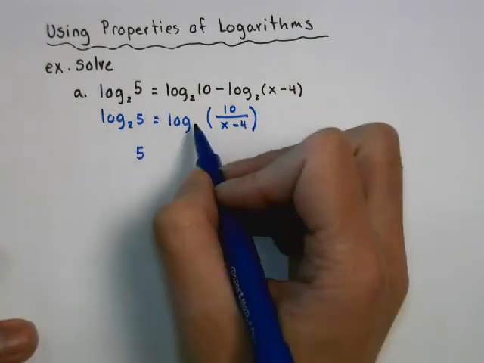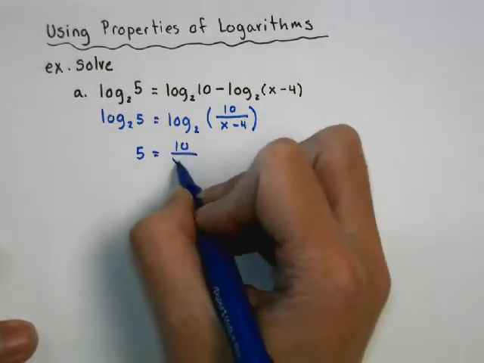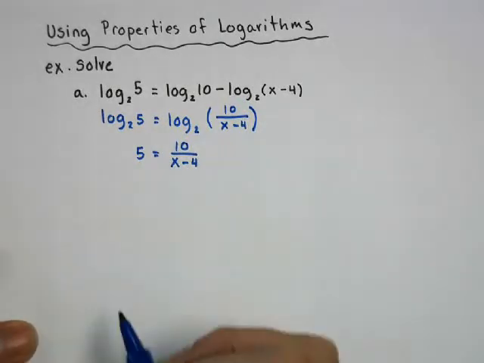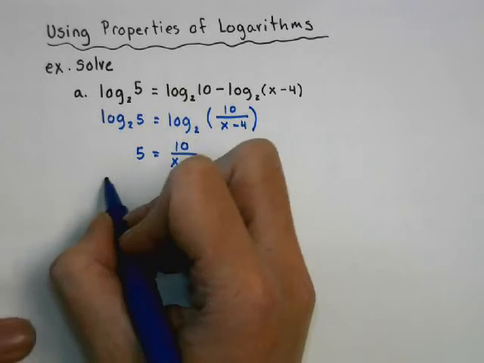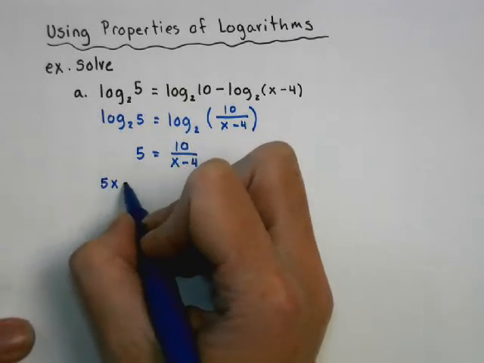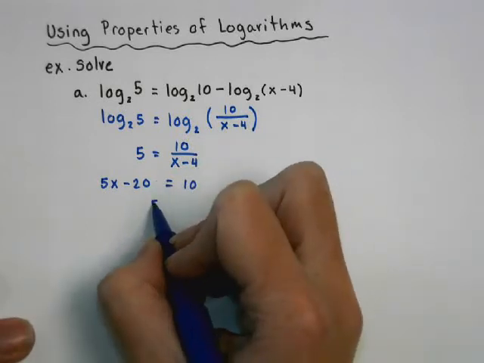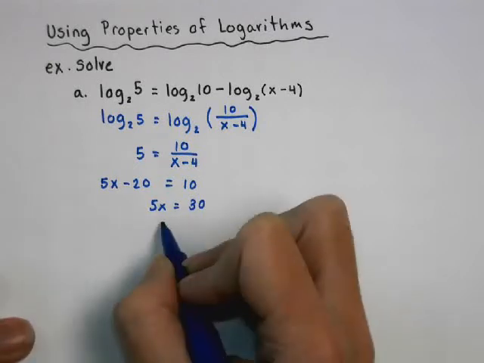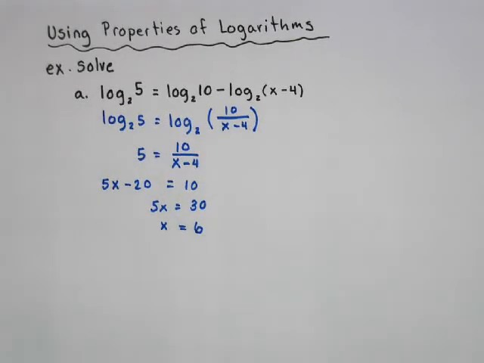So if log base 2 of 5 equals log base 2 of 10 over x minus 4, then we can just say 5 has to equal 10 over x minus 4. So I'm going to multiply this denominator over and distribute. So we're going to have 5x minus 20 equals 10. So 5x equals 30. So x equals 6.